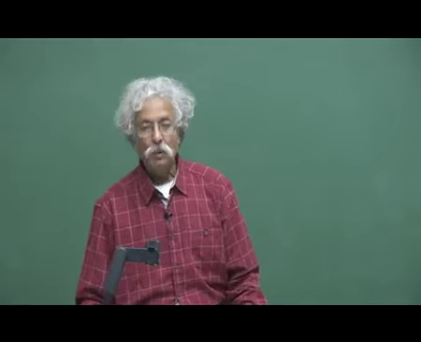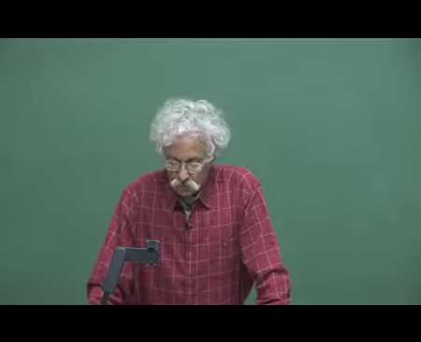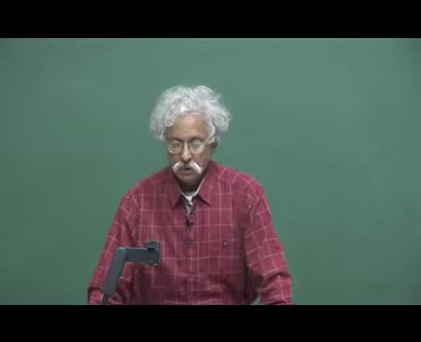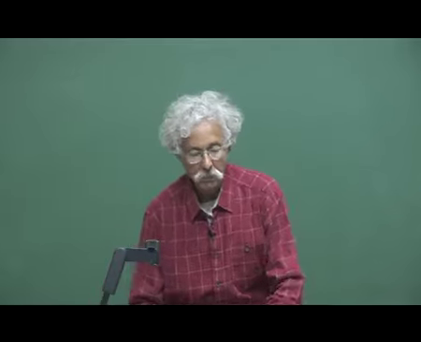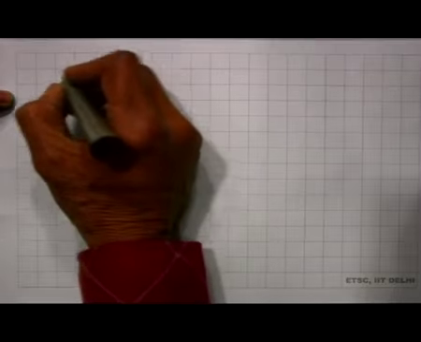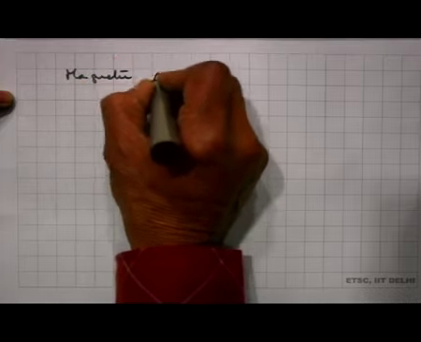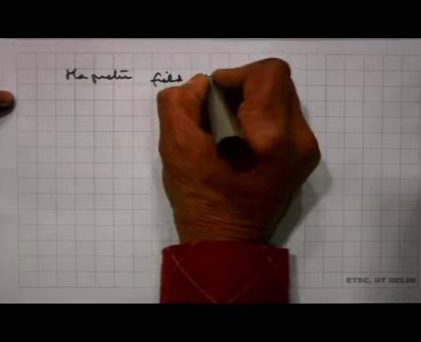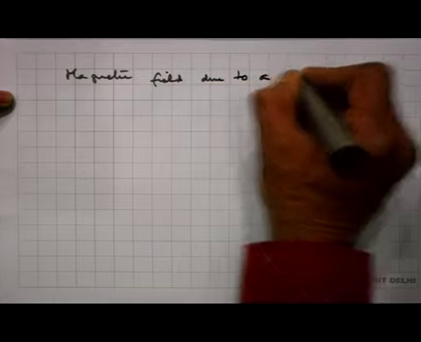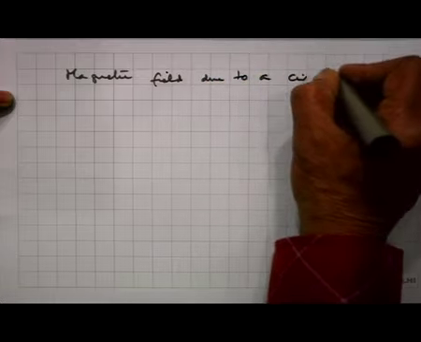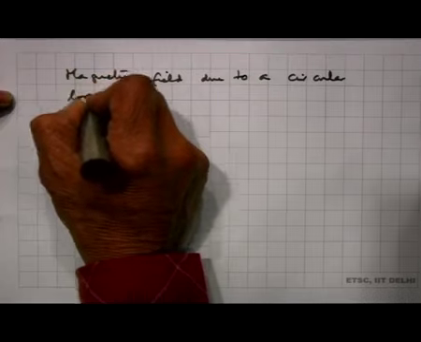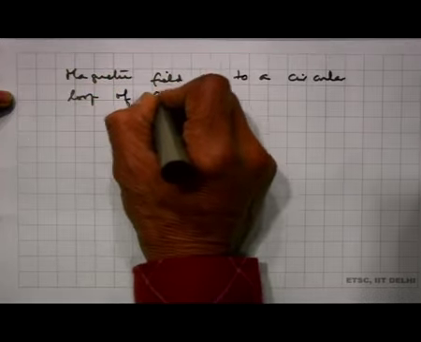Now, I want to come back and look at the magnetic dipoles itself and look at some other properties of magnetic dipoles. So, let me recall that we had calculated the magnetic field due to a circular loop of current.